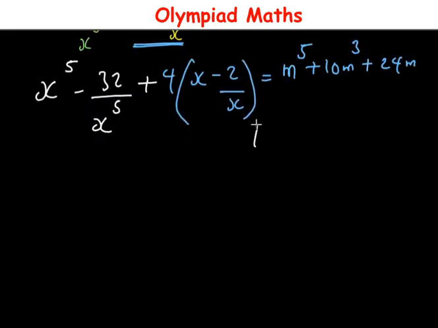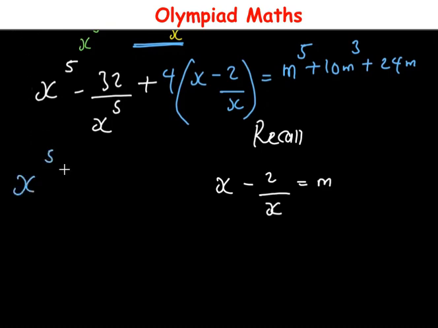With this, recall that x minus 2 over x is equal to m, and also from the previous equation that x raised to power 5 minus 32 over x⁵ is equal to 152.